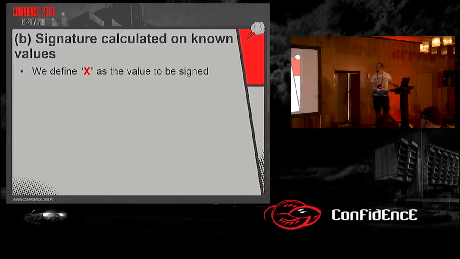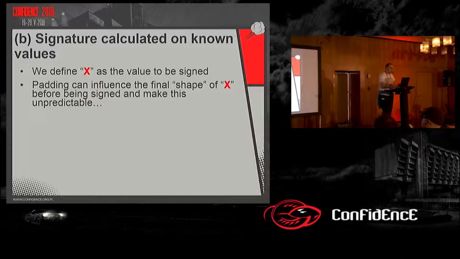So we define X as the value that must be signed, and padding can in some way influence the final shape of the value that must be signed and make this value unpredictable.